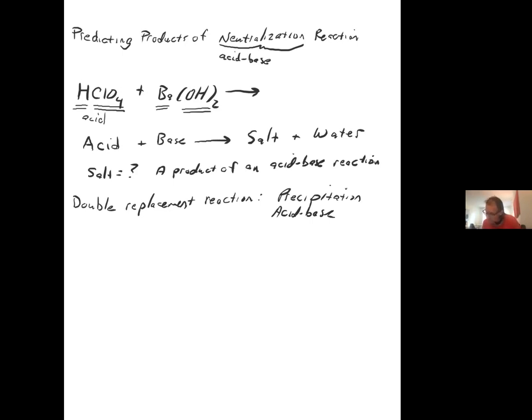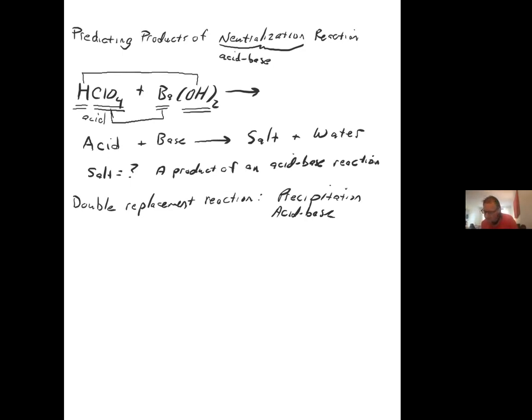So here's the way you deal with it. You take the first part of one of the reactants and combine it with the second part of the other reactant. In this case, you're combining the hydrogen with the hydroxide. Then you take the first part of the second one and combine it with the second part of the first one, so this would be barium and perchlorate.